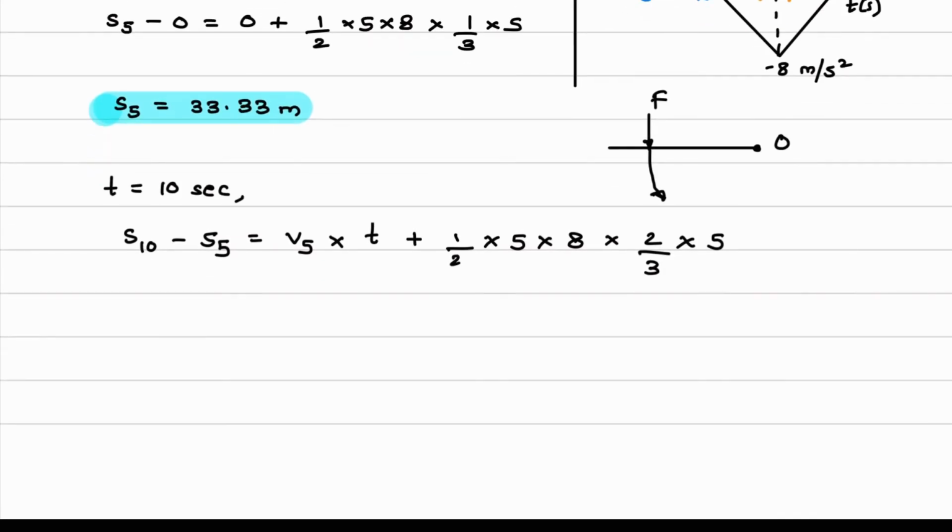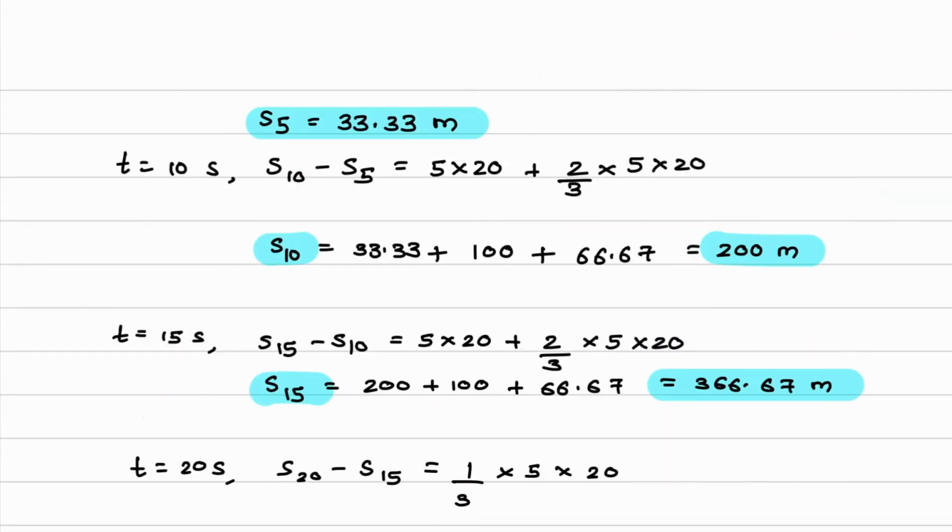So substitute the values. S10 is equal to this S5, it will go on the right hand side, it will become positive, 33.33 plus V5 into T. What is this V5 value?